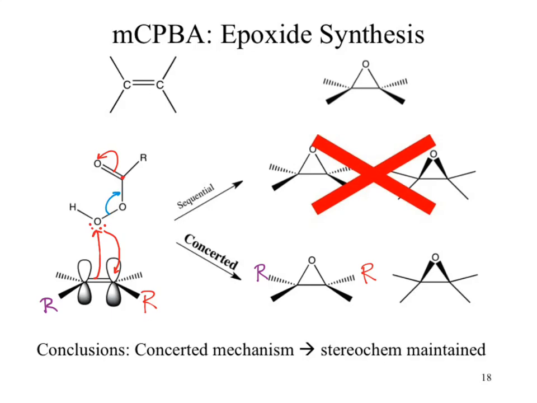We break another pi bond. Okay? We still have too many bonds on our bottom oxygen, so the lone pair on this oxygen comes down, attacks the hydrogen, and pushes the electrons finally back onto that oxygen. Holy Mother of God. Yes, you make a carboxylic acid at the same time as you make the epoxide.